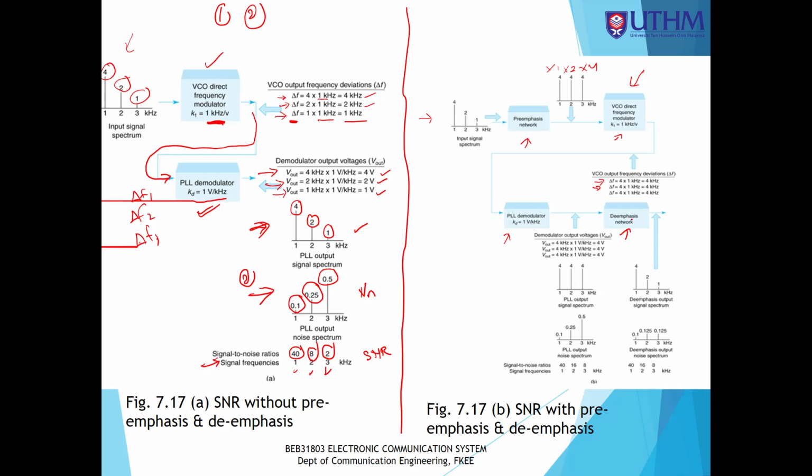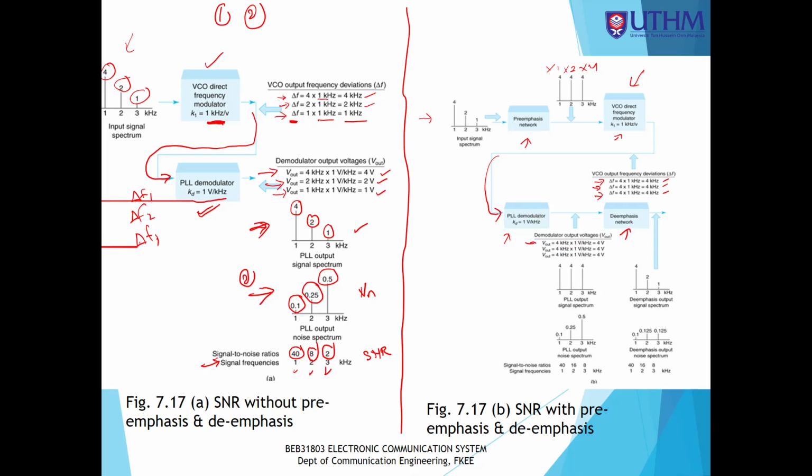Delta F2 is 4 volt multiplied with 1 kilohertz per volt, K1, and delta F3 also is 4 volt multiplied with K1, so we get 4 kilohertz for delta F1, 2, and 3. Then it goes to the PLL with a transfer function of 1 volt per kilohertz. So we get V out, which is equal to delta F multiplied with KD.